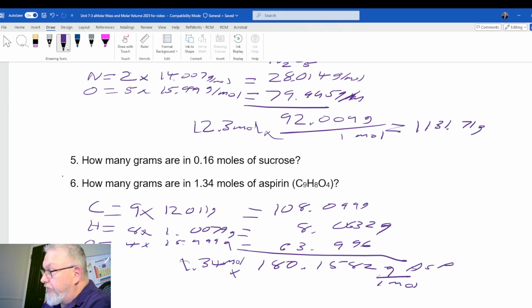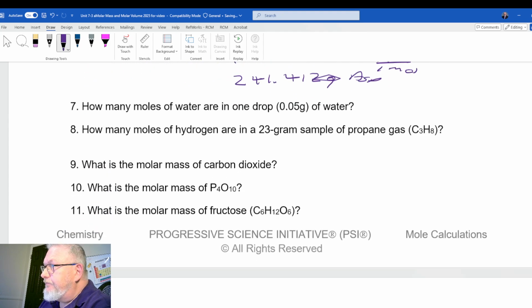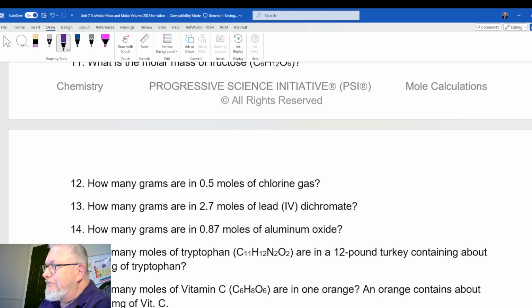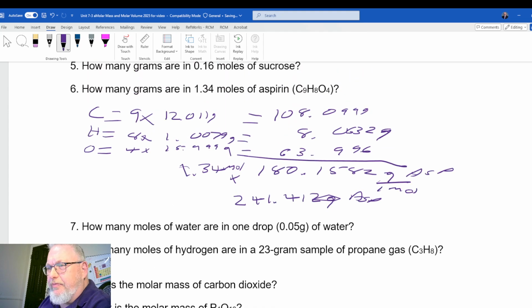So, in 1.34 moles of aspirin, I should have 241.4 grams of aspirin. Okay, not too bad, not too hard. And I think we can work through those and we'll be okay with that, right?